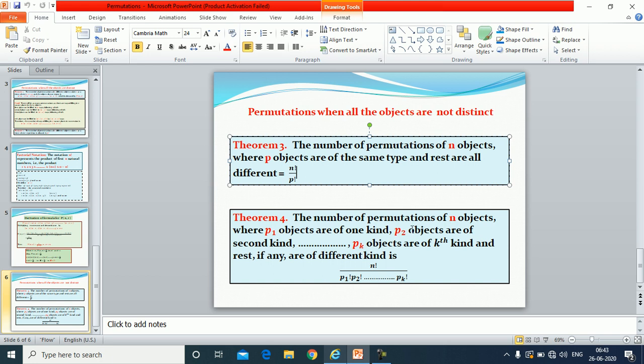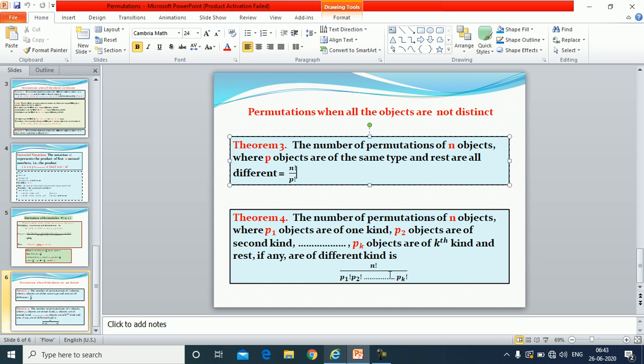So out of n objects, if there are different groups of objects of the same kind, and the remaining, if anything is left, even if they are all of different kind, then the permutations can be given as n factorial over p1 factorial into p2 factorial and so on till pk factorial.